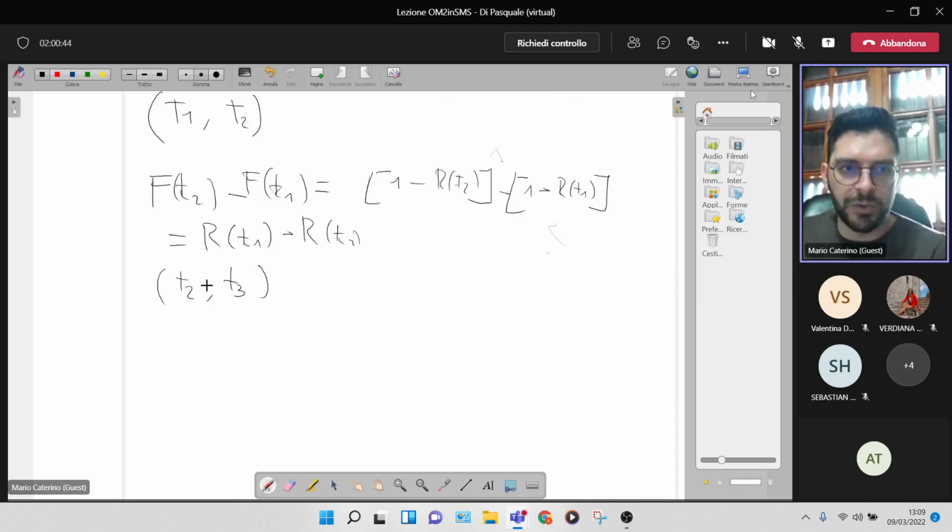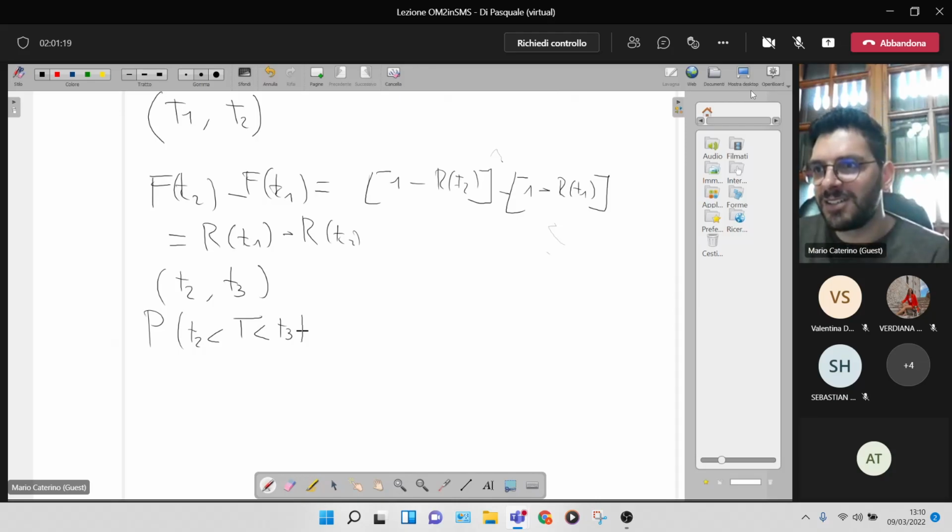Okay, so in this case we want to estimate the probability that, let's call capital T the time in which we expect the failure, capital T falls within T2 and T3, knowing that, I don't know how it is in English, in Italian it is dato che, I will call it since, not knowing that, T will pass T1.